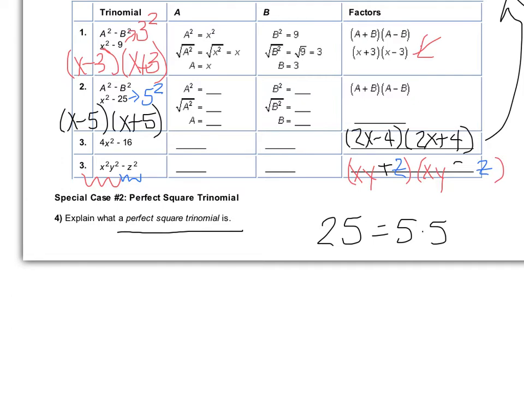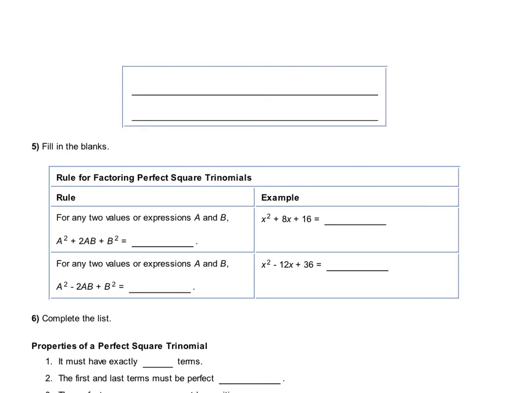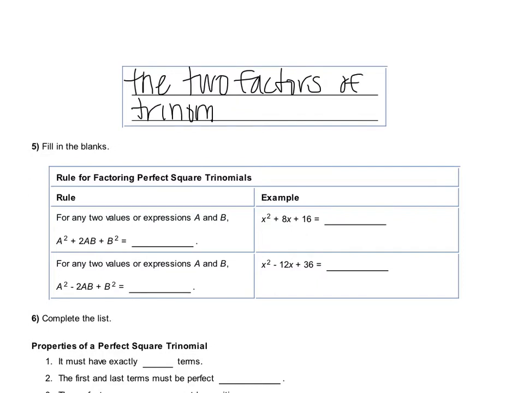So what it means to be a perfect square trinomial, I'm going to go ahead and go on the next page, is that the factors, the two factors, let me be more specific, of the trinomial are the same. The two factors of the trinomial are the same.